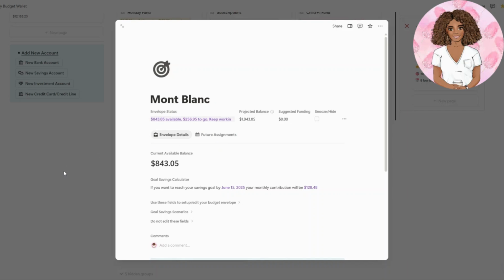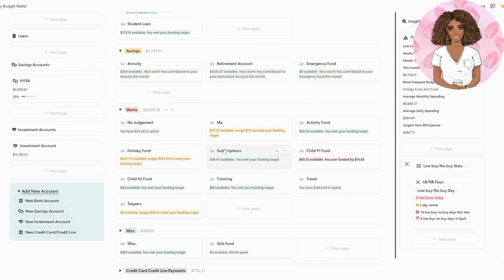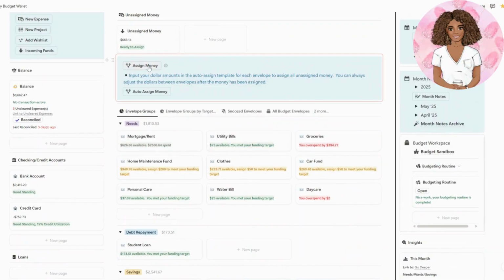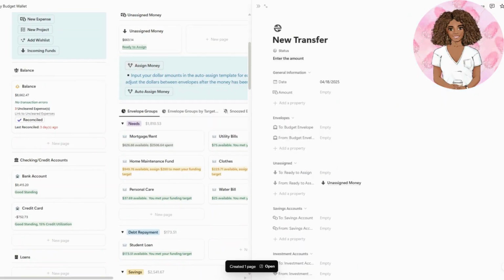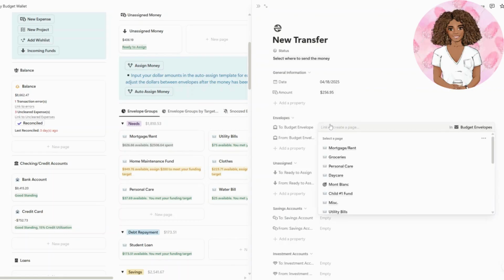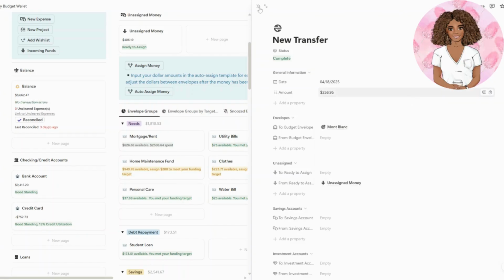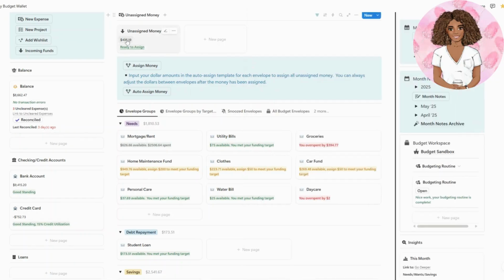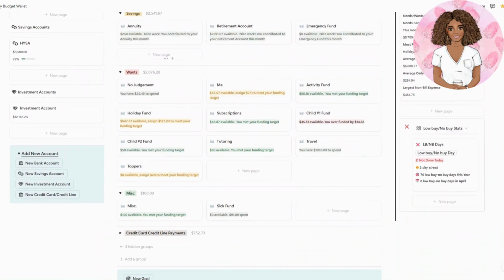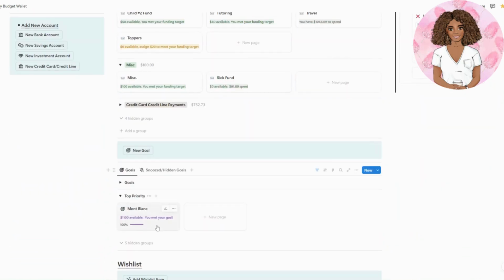So 256.95 is what I can assign here. 256.95, and the money is going to go to the block. Okay, now I've got 406.19 left. And all right, awesome. The Mont Blanc goal is complete.